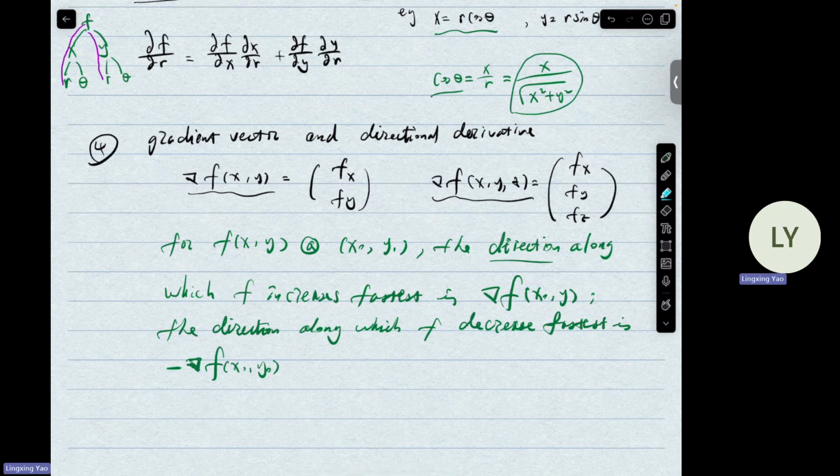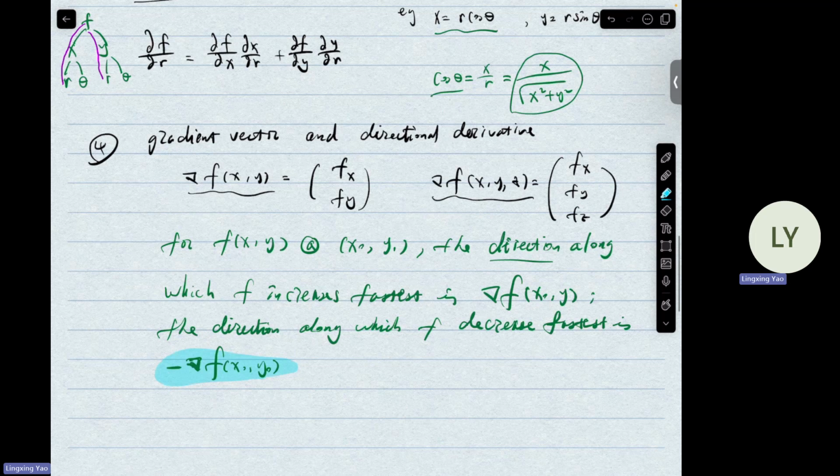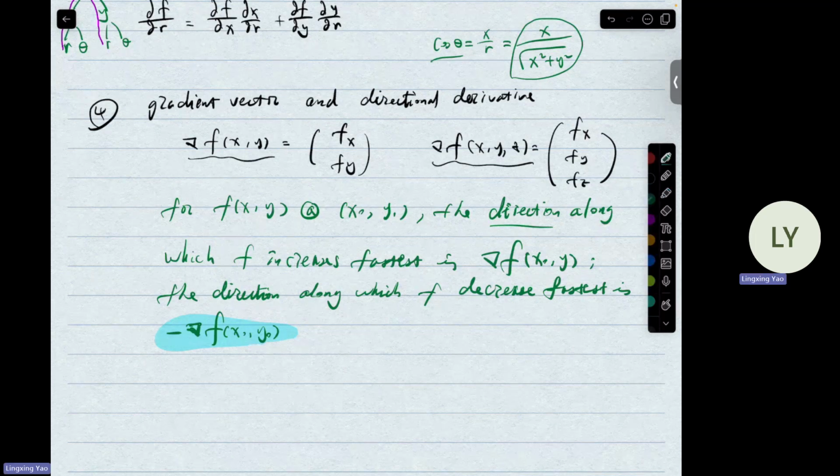So negative gradient, this is something that we should comment on in the quiz last week. Okay, because some of you sort of forgot about this property when you were working on this quiz question.